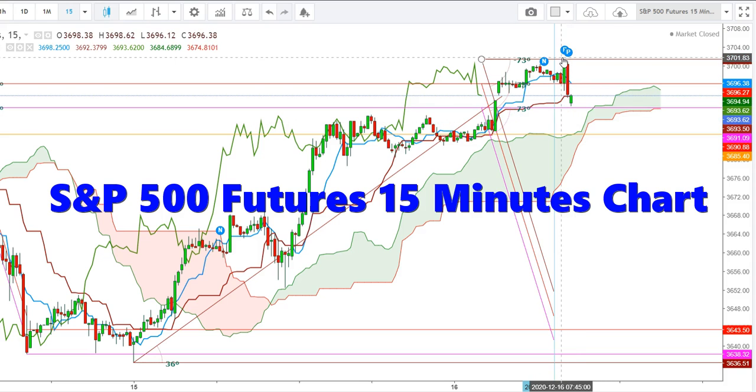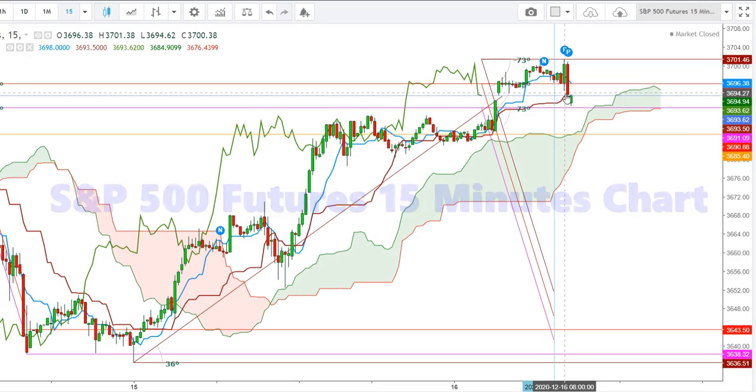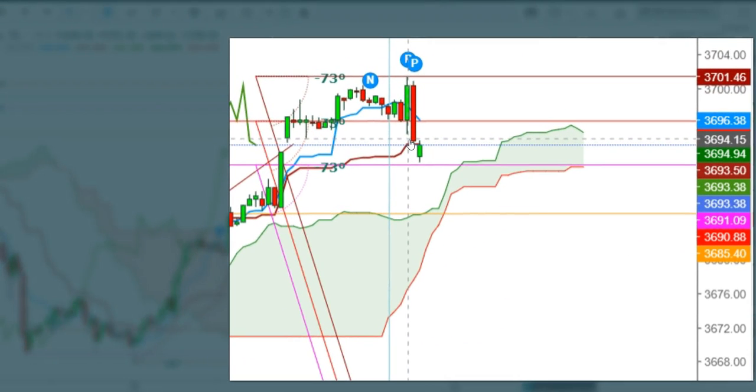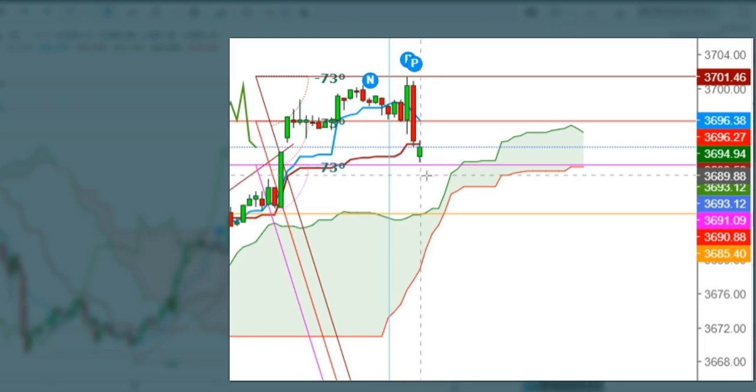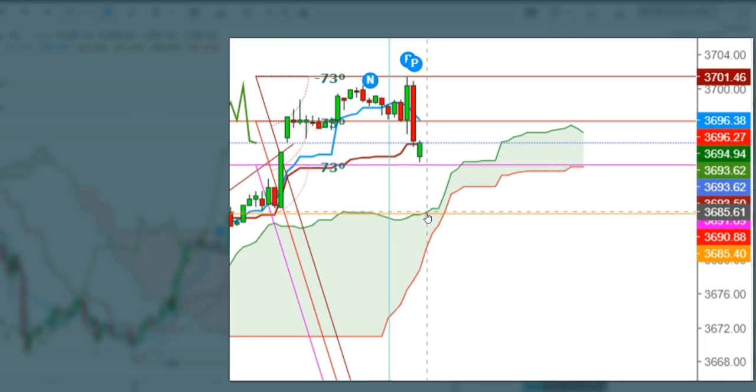Here you can see that after a steep fall from these levels, the S&P 500 futures continue to face stiff resistance at the immediate resistance of the 26-day moving average, which is currently at the levels of 3693, where I find that exhaustion can be seen in a 15-minute time frame, which looks evident enough to push the S&P 500 futures down to the next support of 3685, where the upper end of Ichimoku cloud could provide some support.